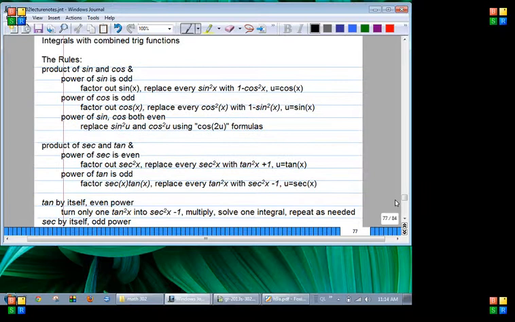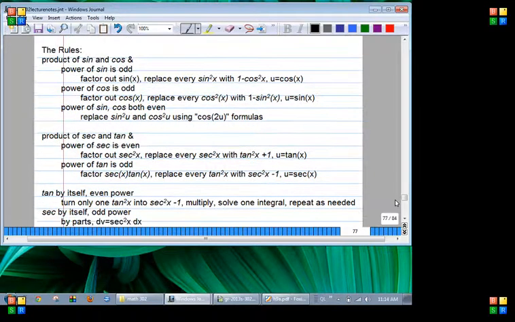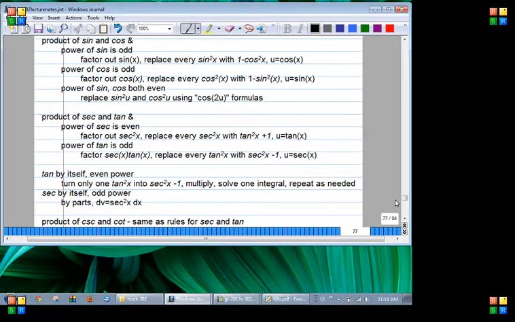Secant by itself, odd power. That was the long one. Do this by parts where dv equals secant squared x dx. What about products of cosecant and cotan? It's the same as the rules for secant and tan. Just a negative pops into some of the formulas, so just watch that.